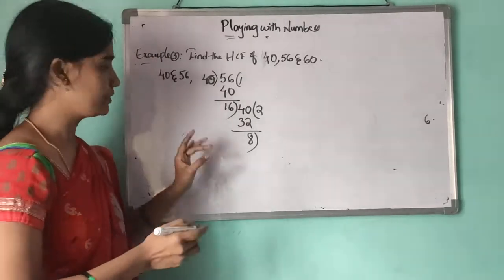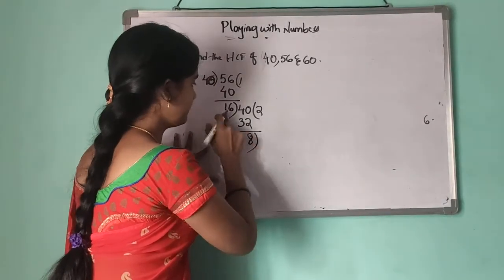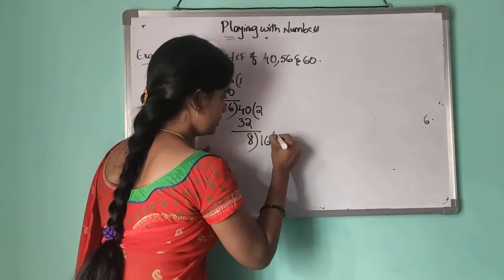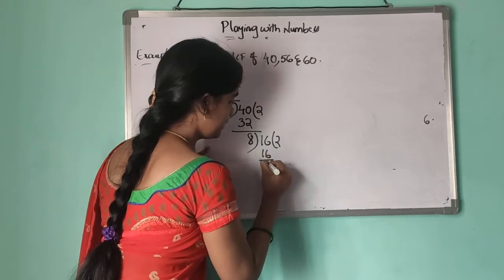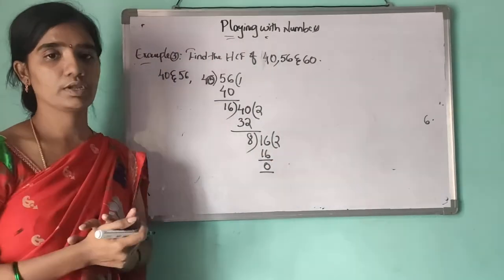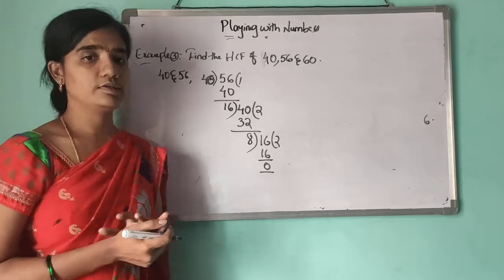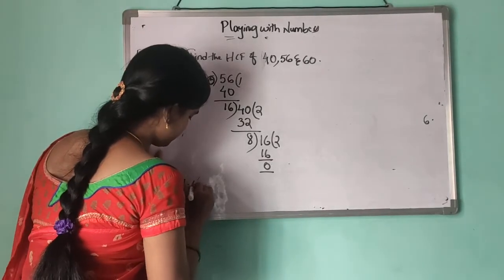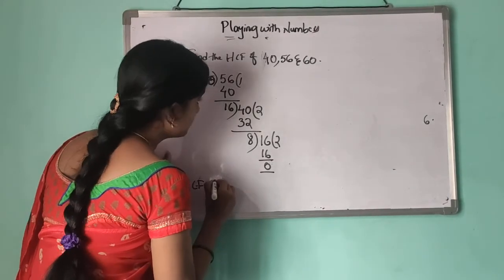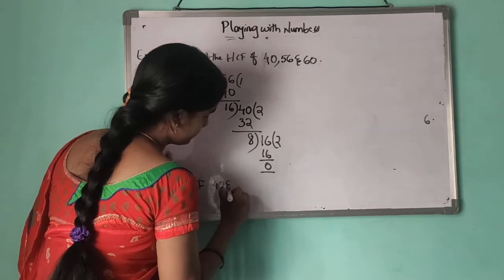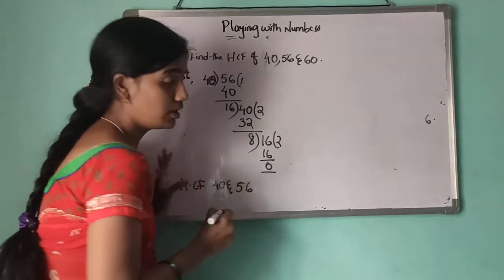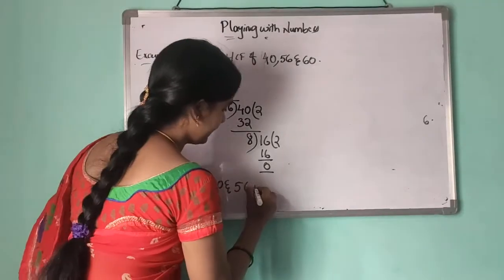Then the previous divisor 16 is divided by 8: 2 8s are 16, and the remainder is 0. So the HCF of 40 and 56 is 8.